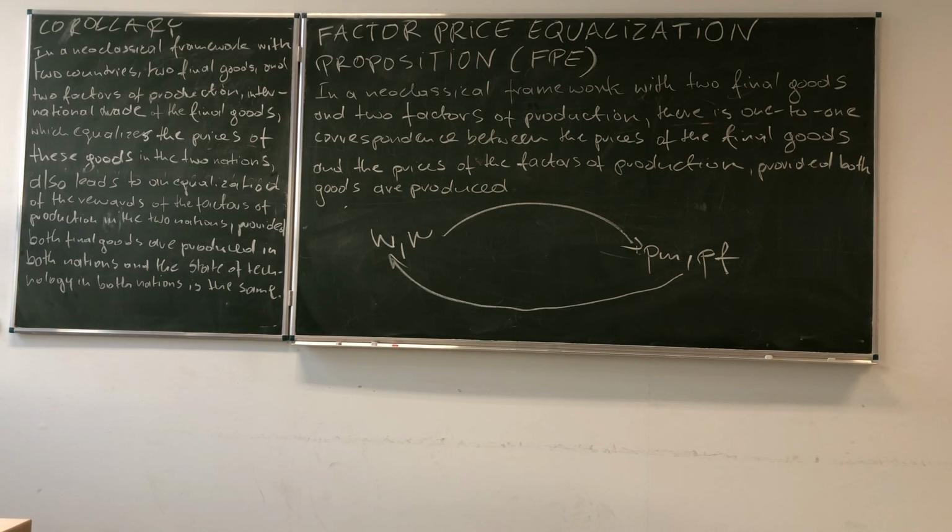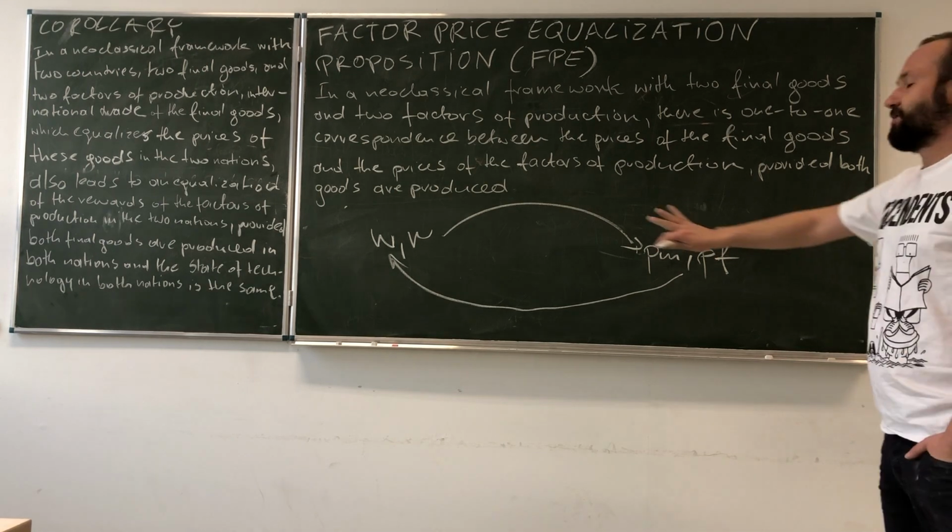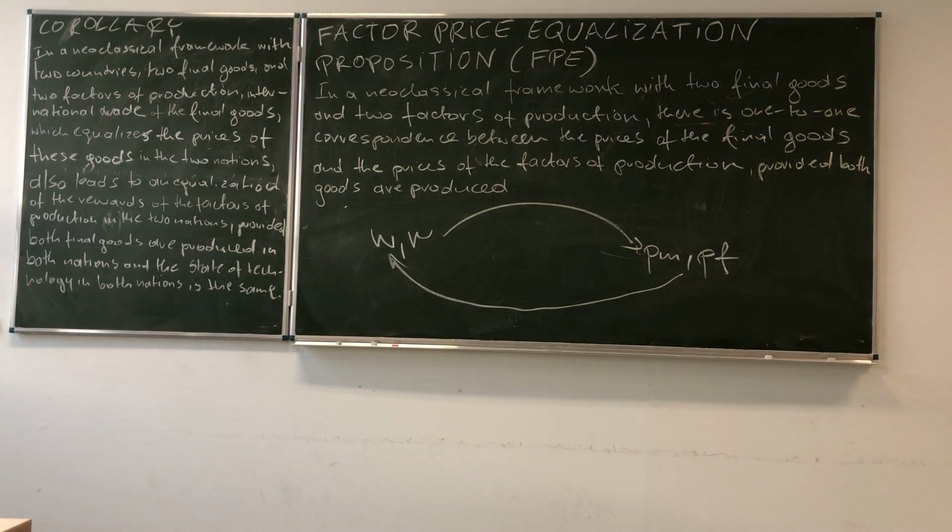Okay, but still, even if it turns out that this is true, and we will be proving that this is true very soon, what does this have to do with international trade? Well, at this moment, you might just say nothing. But this is why we need to turn to the corollary.